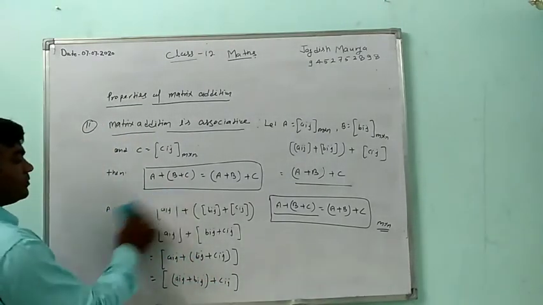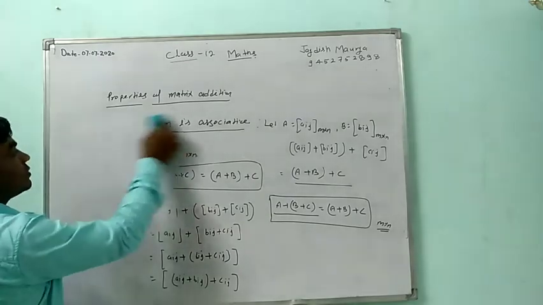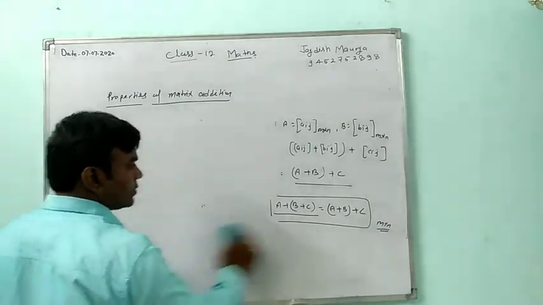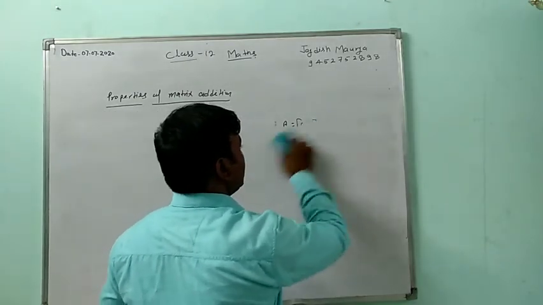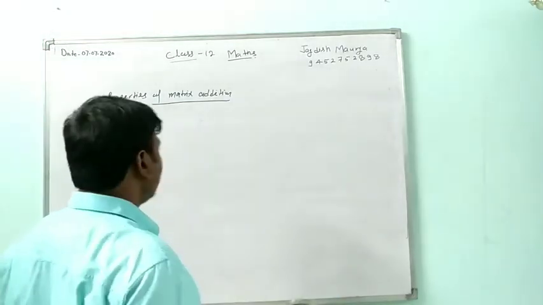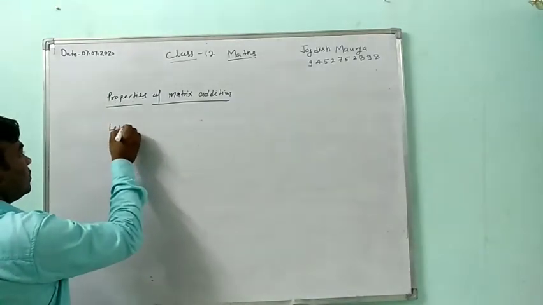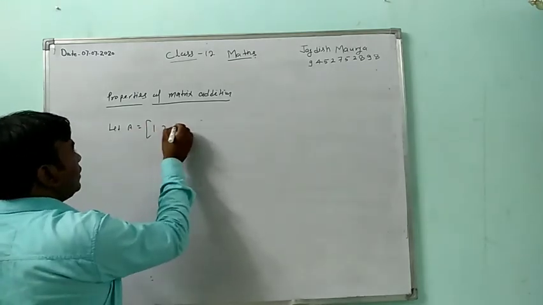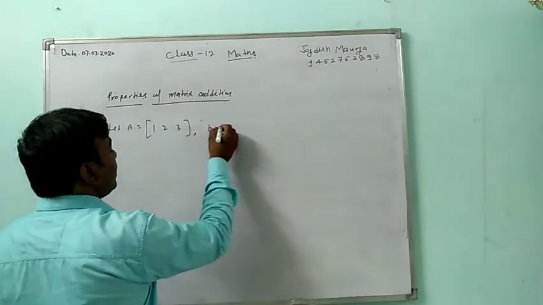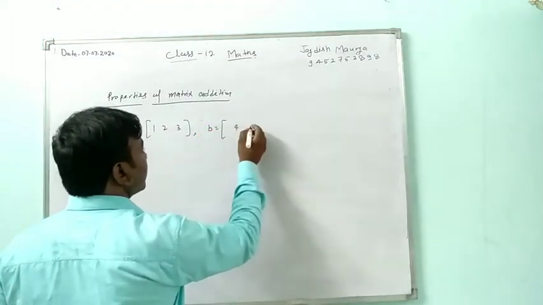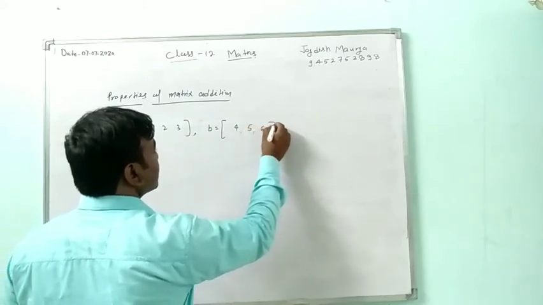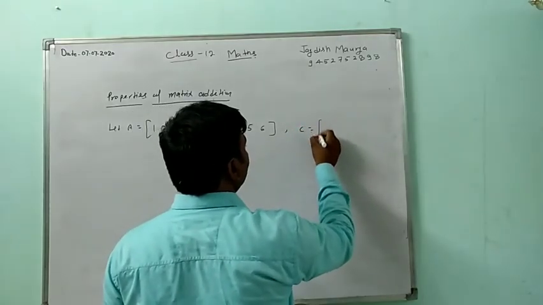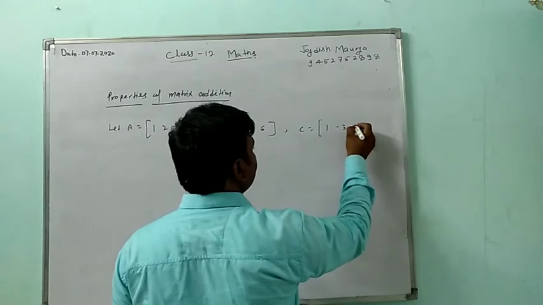For example, let A equal to 1, 2, 3, B equal to 4, 5, 6, and C equal to 1, minus 3, 4.